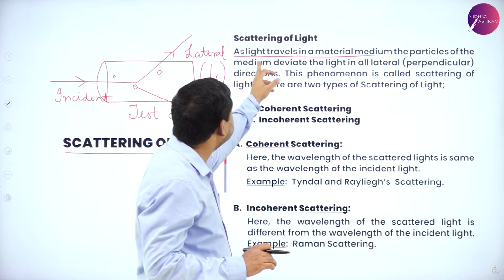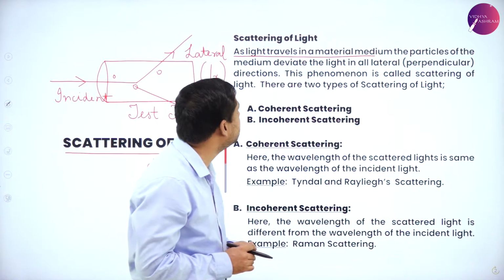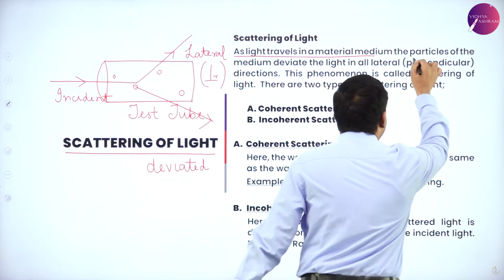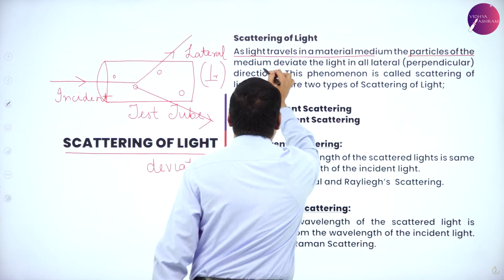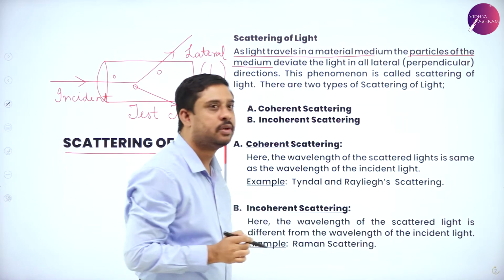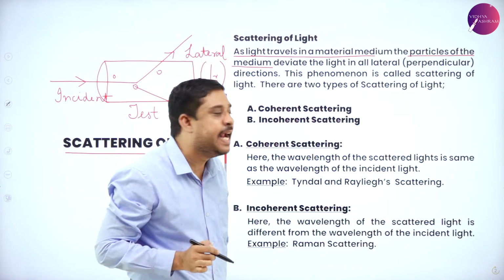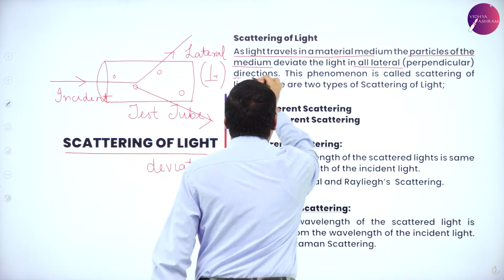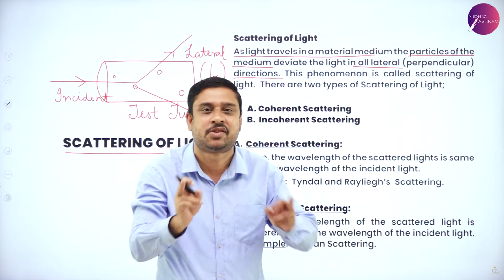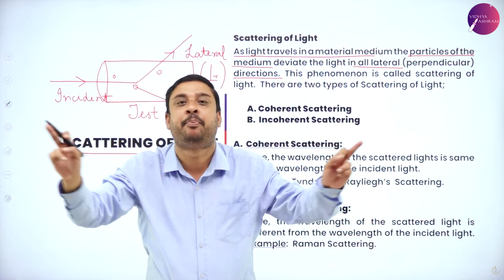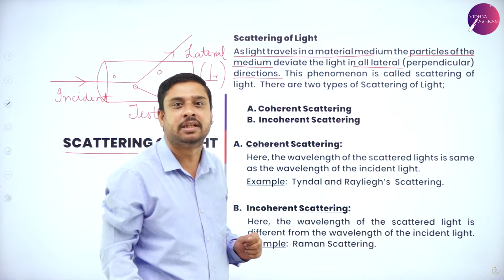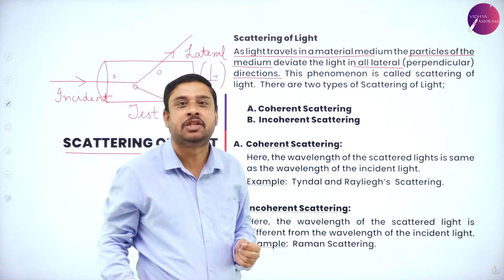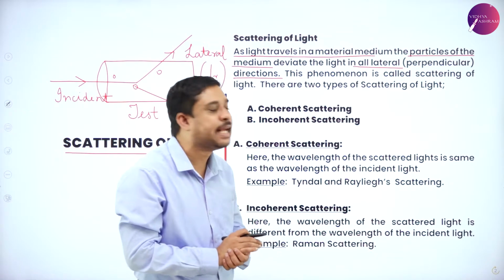So, as light travels in a material medium, the particles of the medium will deviate light in all lateral directions, in all perpendicular directions. And this phenomenon is called scattering.